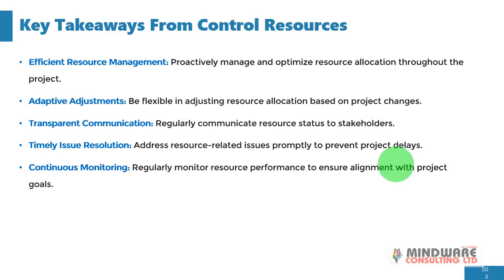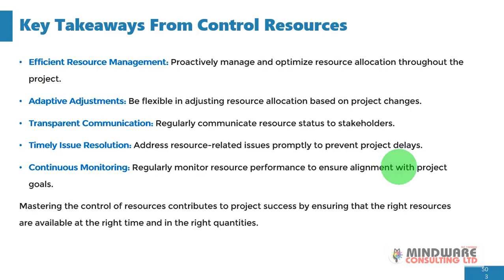Continuous monitoring. Regularly monitor resource performance to ensure alignment with project goals. Mastering the control of resources contributes to project success by ensuring that the right resources are available at the right time in the right quantities.